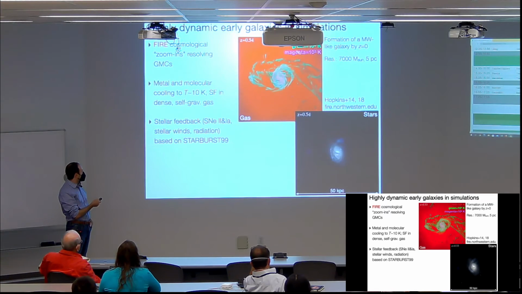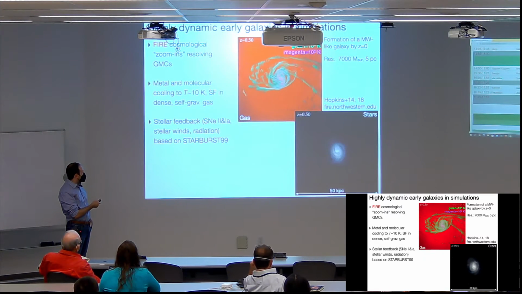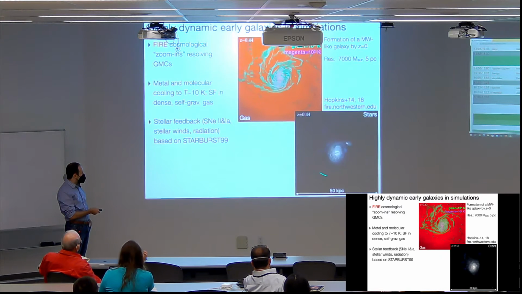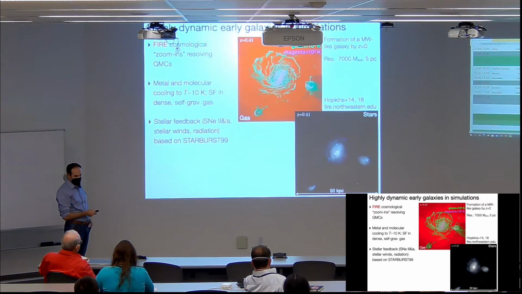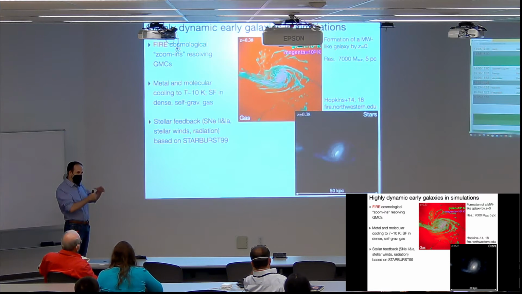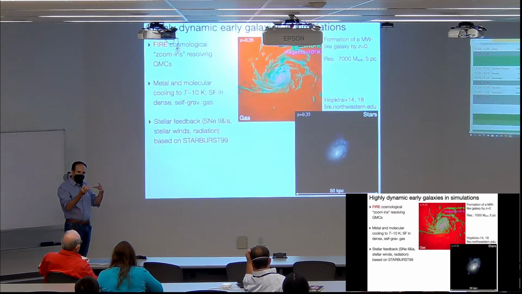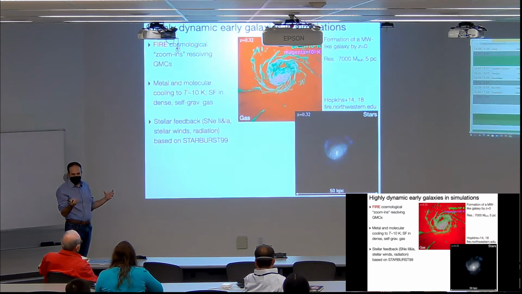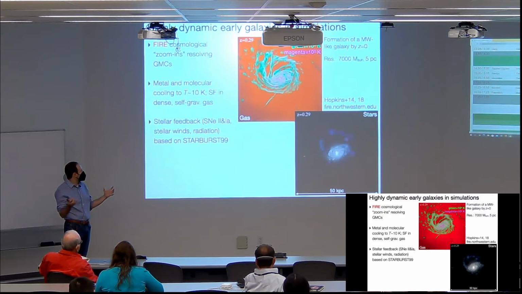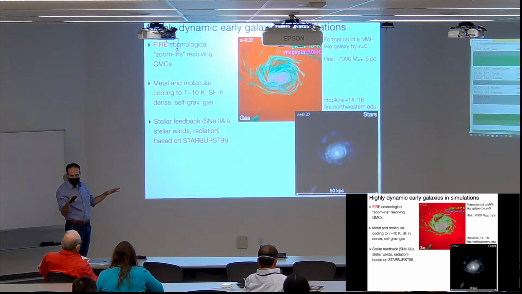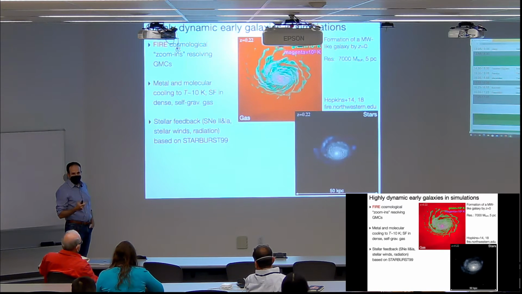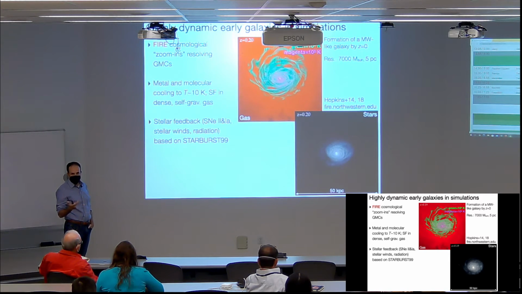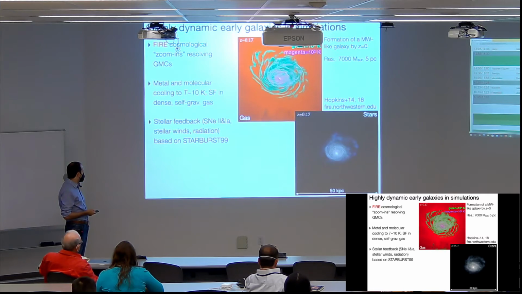And it's out of this thin gaseous disk, viewed roughly face on here, that the thin stellar disk is eventually going to emerge. And this kind of evolution from a highly bursty, highly dynamic state at high redshift to a much more time-steady, rotationally supported configuration is generic in these simulations, at least for Milky Way mass galaxies.